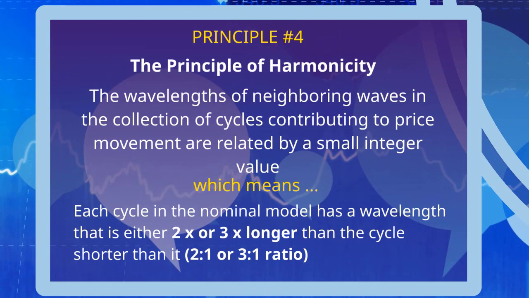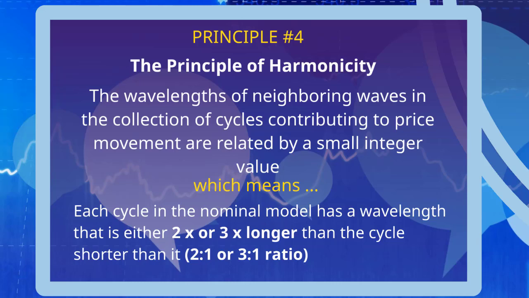The principle of harmonicity states that the wavelengths of neighboring waves in the collection of cycles contributing to price movement are related by a small integer value. That sounds more complicated than it is. We met the collection of cycles in our previous video about the principle of nominality, in which I presented the nominal model.